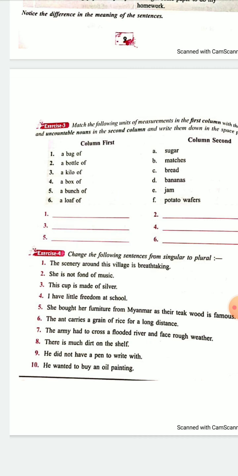I hope you have understood this, how to make the changes of the singular words into plural. Think, use your brains and try to solve them. I don't think it's very difficult. Do it very carefully. First underline the words which require to be changed and then make the changes in the sentences.